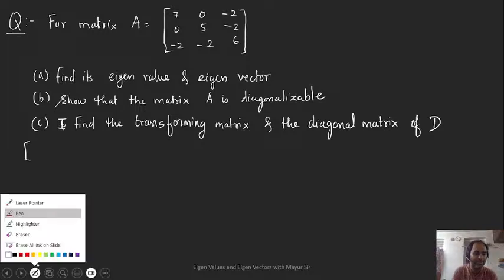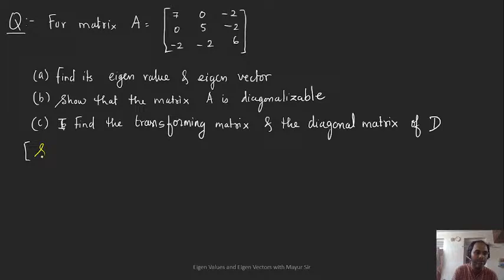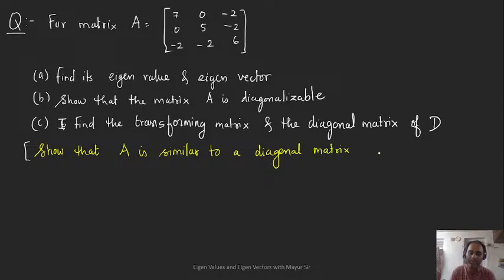This is how they will ask you the question: show that A is similar to a diagonal matrix and find its diagonal form. This is what they have been asking in most of the examinations.